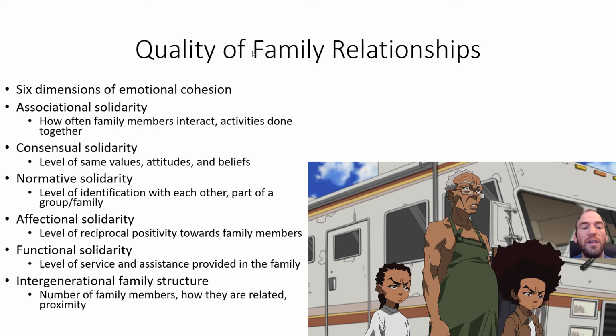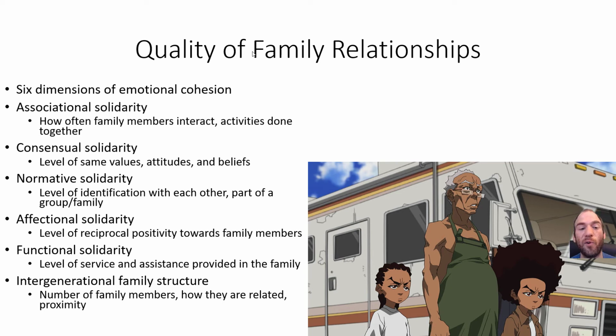Consensual solidarity, the level of shared values, attitudes, and beliefs. Affectional solidarity, the level of reciprocal positivity towards family members. Functional solidarity, the levels of service and assistance provided in the family. So these are different components of emotional cohesion within a family, contributing to the quality of a family relationship.